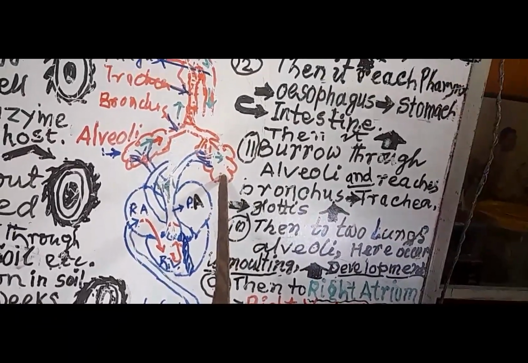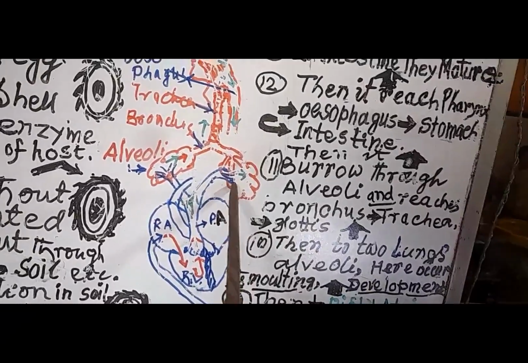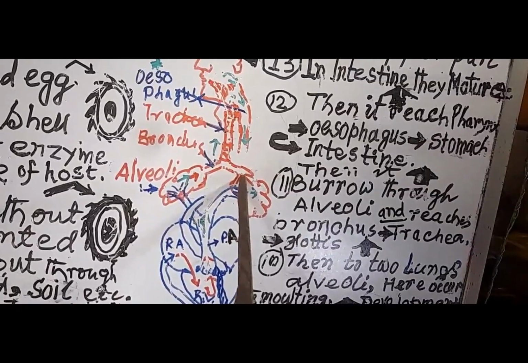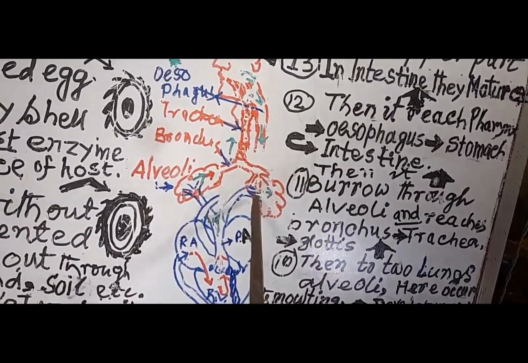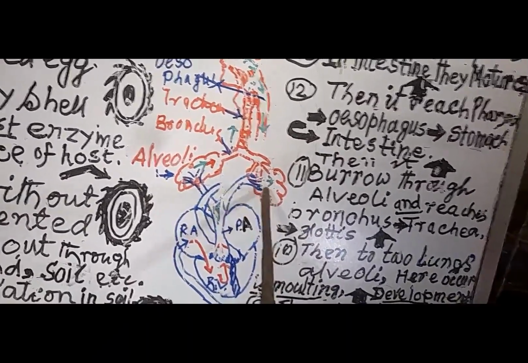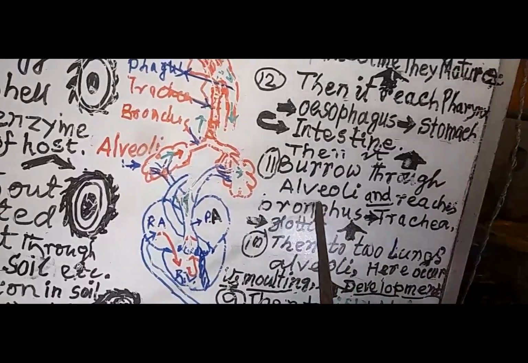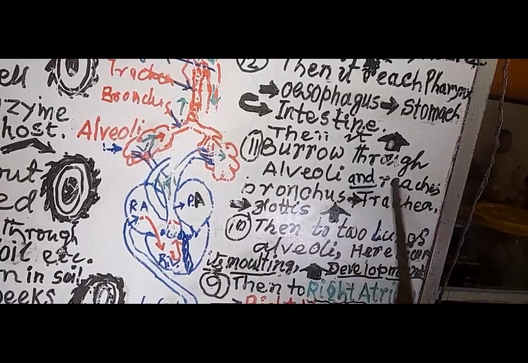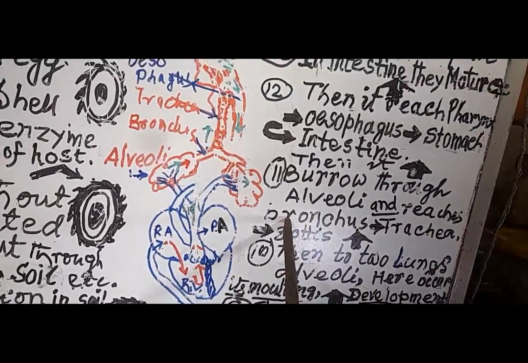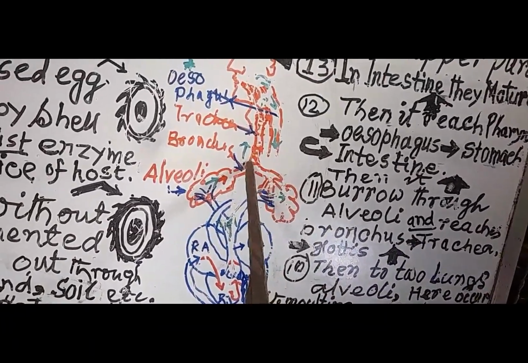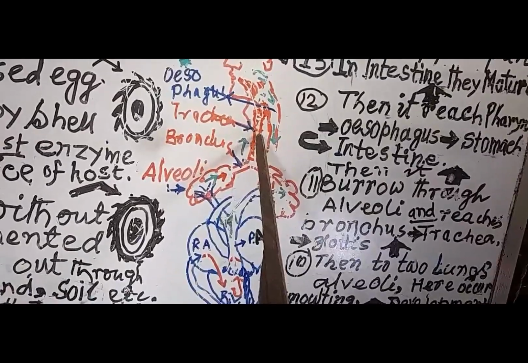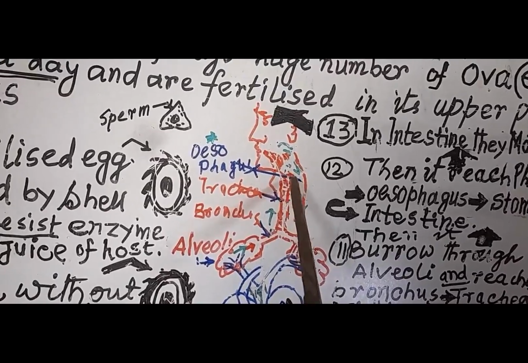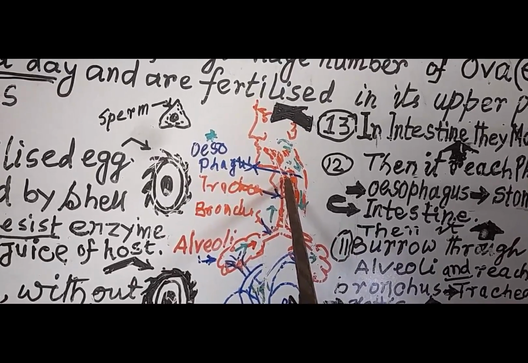When its development is complete, it crawls towards the bronchus by burrowing through the alveoli and reaching the bronchus. From the bronchus, it makes its passage through the trachea. Then to the glottis, the opening of the larynx.